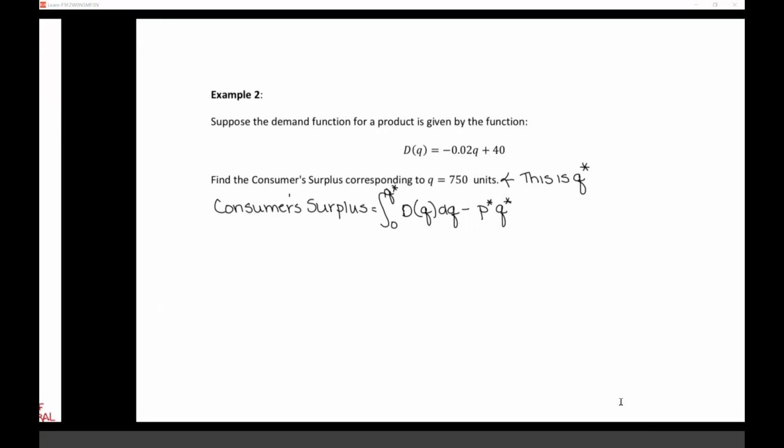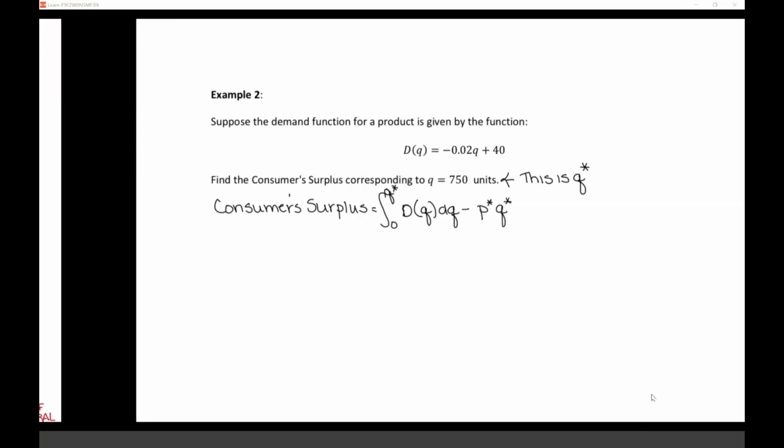Yeah, you need P star. Good for you, Richard. P star. See P star here? You've got Q star, and they gave you D of Q. How do you get P star?